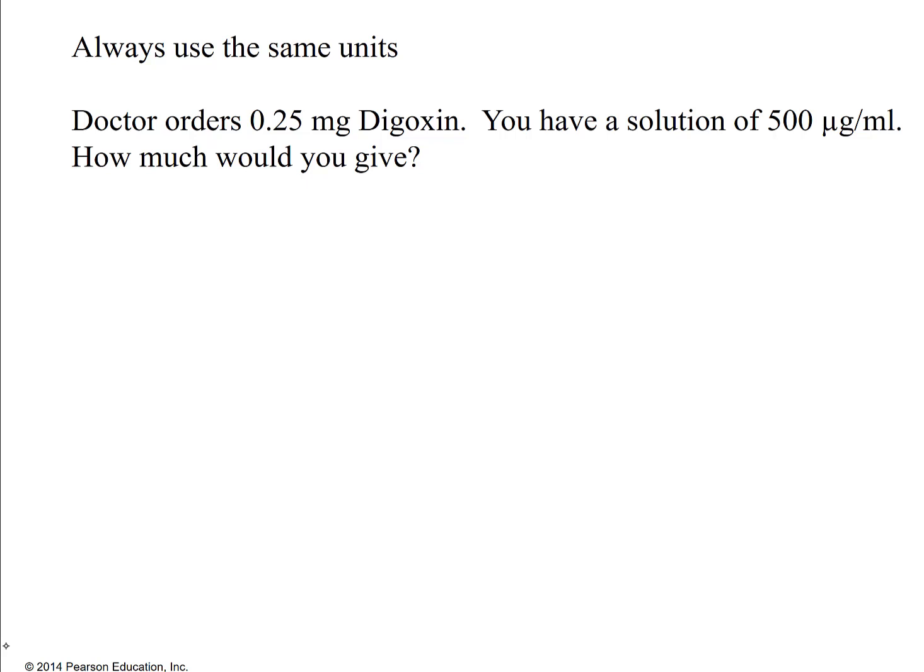That's like saying you have feet and yards. You've got to convert. They have to be in the same unit in order to get the units to cancel. So this is the amount, and this is the concentration. And concentration is always the amount per volume.